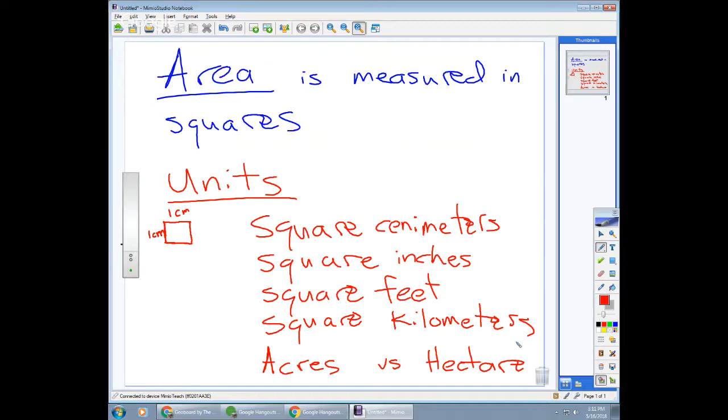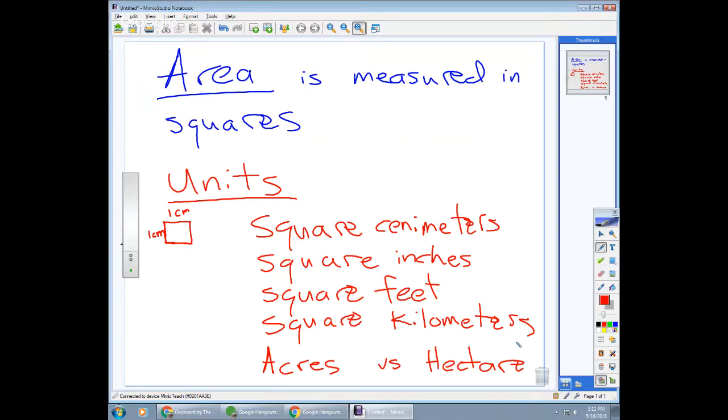Right? So we wouldn't ever say square acres. That wouldn't make sense. An acre is a certain number of square miles or square feet. We wouldn't say a square hectare because a hectare is a certain number of square kilometers. Okay? So that's a different kind of area unit that we have to get used to. So some areas are measured in squares, other times we use special measures like hectares or acres. And we'll come back to that.